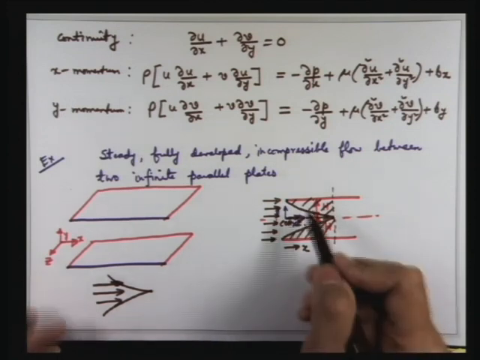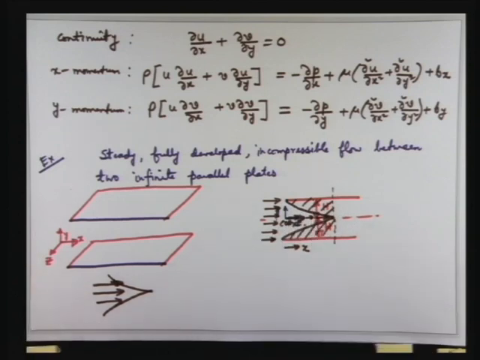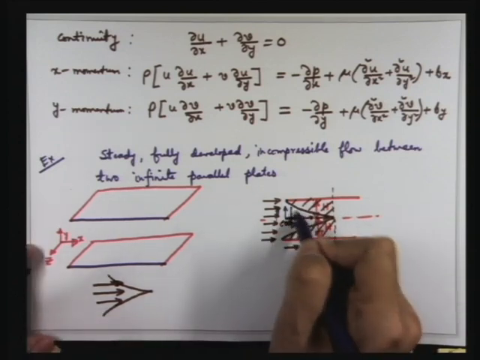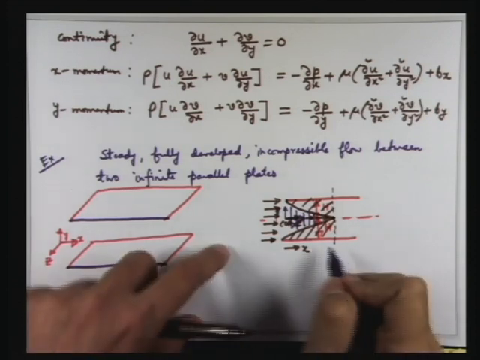So the shaded region feels the effect of the wall, but the fluid in the core region does not. However, when the boundary layers have merged, the entire fluid feels the effect of the wall. When the entire fluid feels the effect of the wall, it is called a fully developed flow.